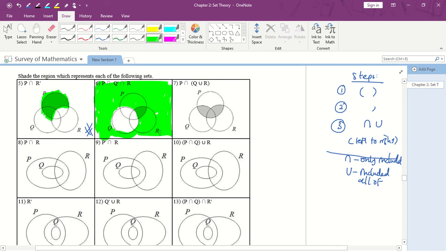Intersect P or intersect R? Remember, Q prime. Then we need to do the one on the left first, which is intersect P. Intersect P means include only P. Means that out of this region, I only need to include P. So I need to erase everything that is not in P.